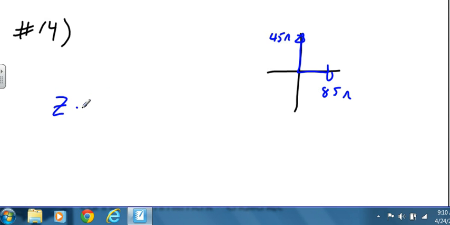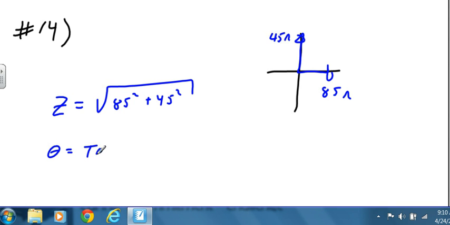The impedance is the square root of 85 squared plus 45 squared, and the phase angle is the arctangent of the y component over the x component. My answer is in the first quadrant, so there's no change needed. So I'm going to enter 45 plus 85 times I.